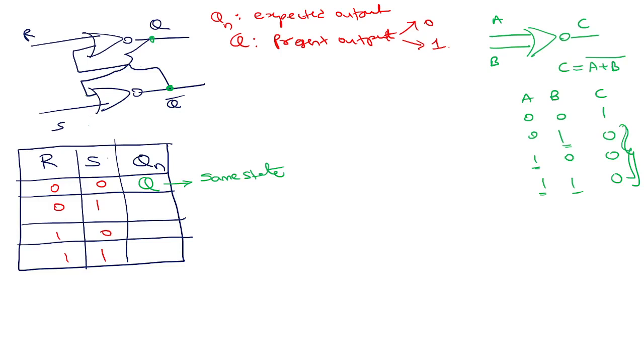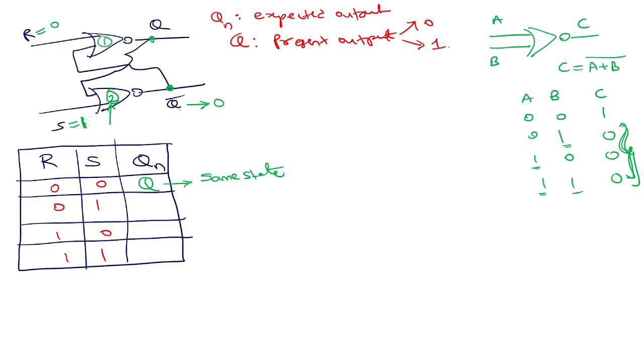Now, what is the next condition? R equal to 0, S equal to 1. What will happen? Because one of the inputs to this NOR gate 2, this is NOR gate 1, is 1, obviously the output will always be 0 according to the NOR gate laws.